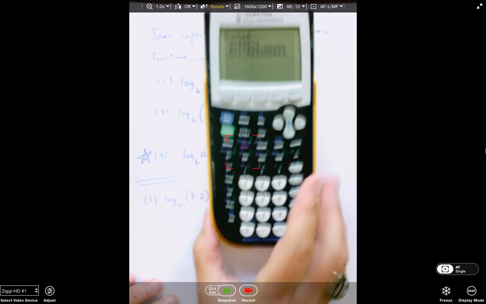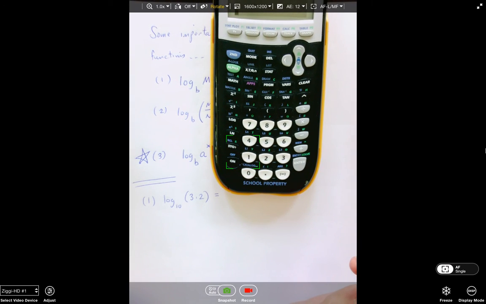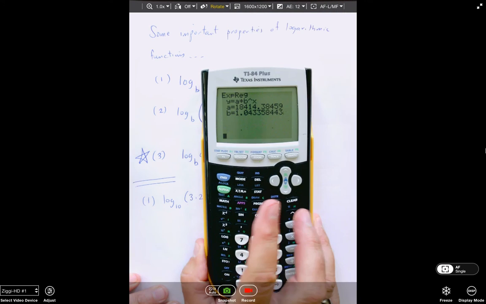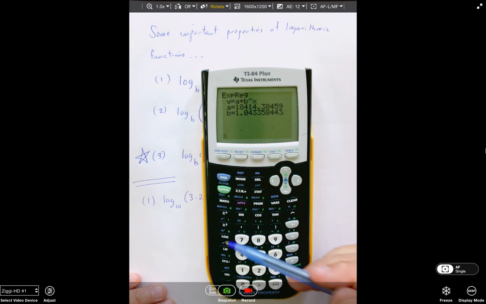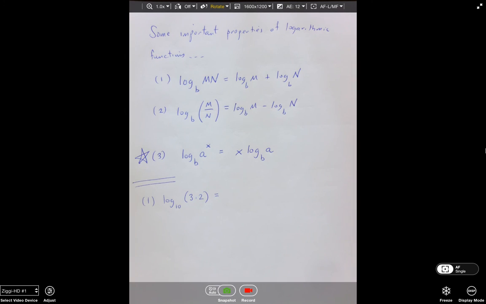Anytime we have log base 10, we use this key. Anytime we have log base e, we use the natural log key. More about that in just a second. And these properties up here work with the natural log as well.